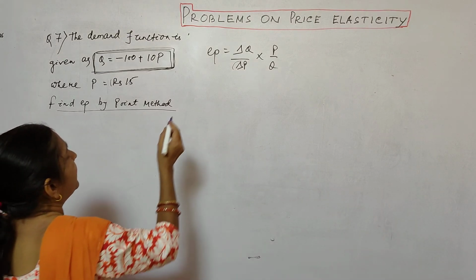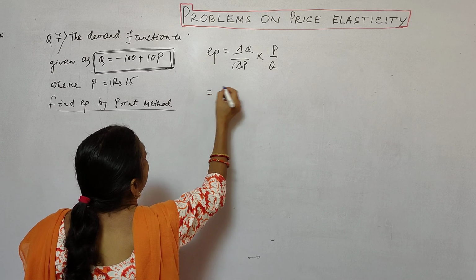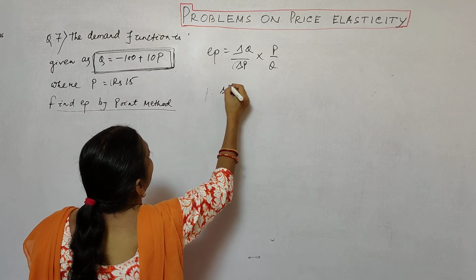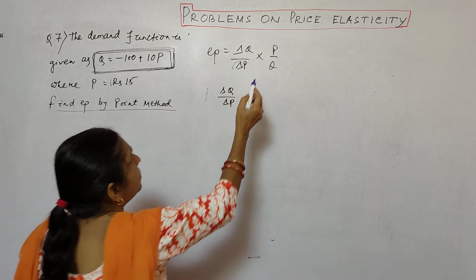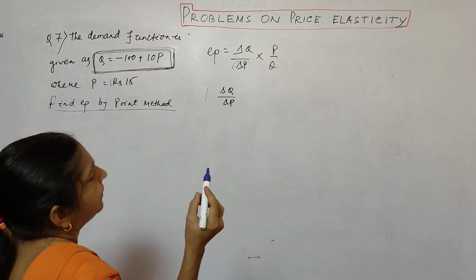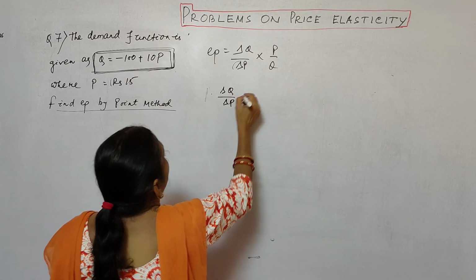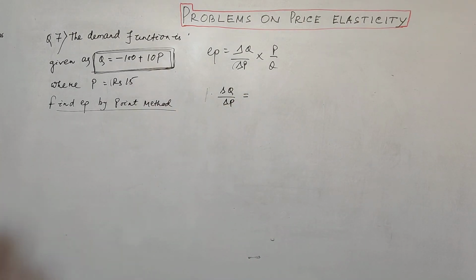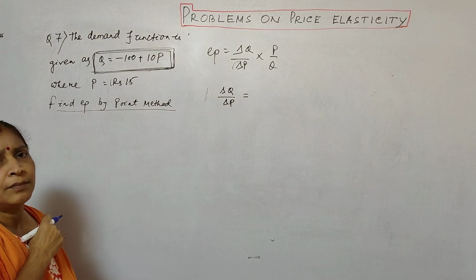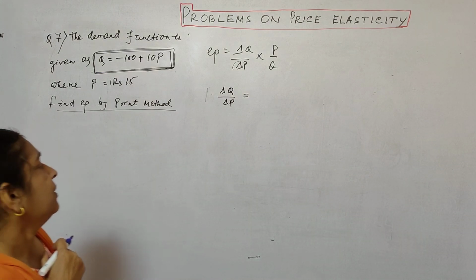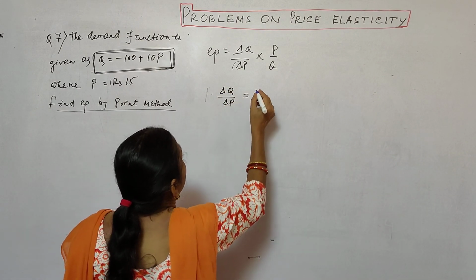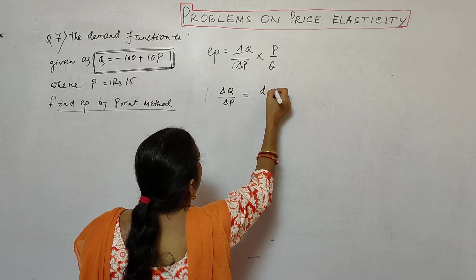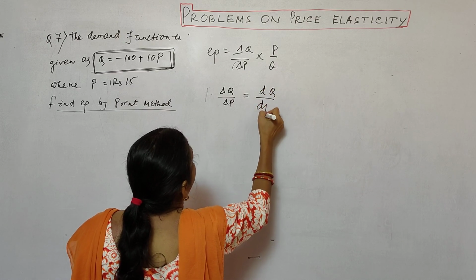Now we will find out EP. First we will find the value of delta Q by delta P, then we will find P by Q. As it is in the form of an equation, we will solve it by the derivative method. Instead of delta Q by delta P, we can write dQ by dP.